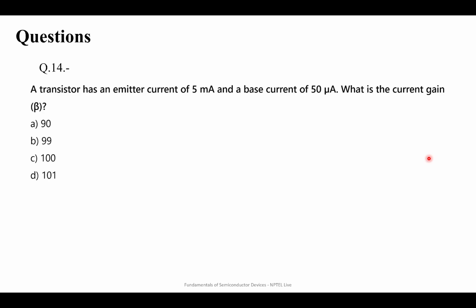Now this is a similar question but reversed. A transistor has an emitter current of 5 milliamperes and a base current of 50 microamperes. What is the current gain beta? 90, 99, 100, or 101?